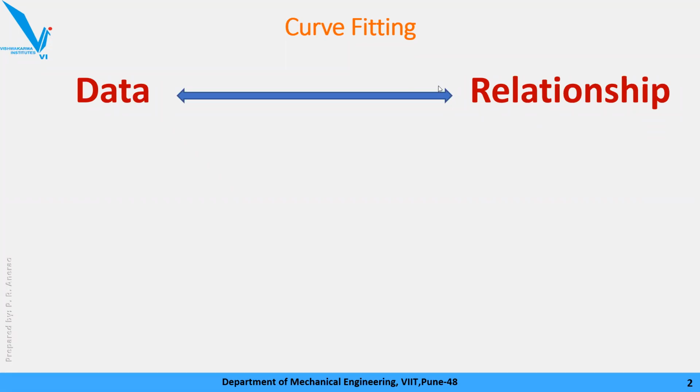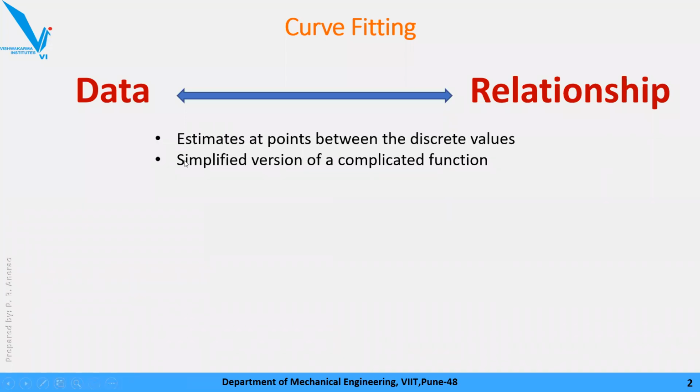So we need to develop a relationship between these two. We call them the independent parameter and the dependent parameter. The aim of fitting a curve or interpolation is coming up with the relationship between this data, and estimating points between the discrete values, which means predicting something in simple language.